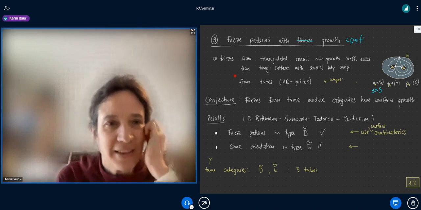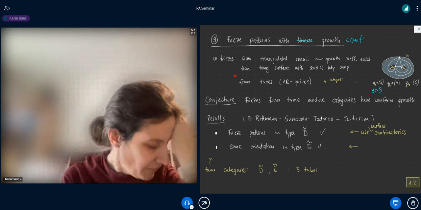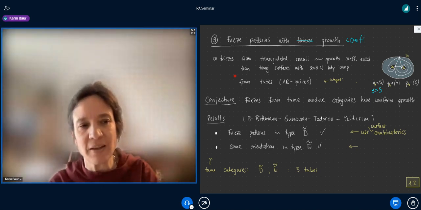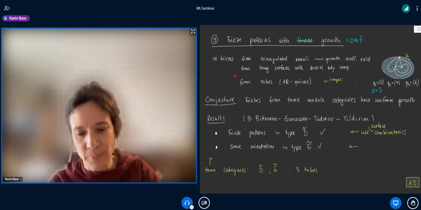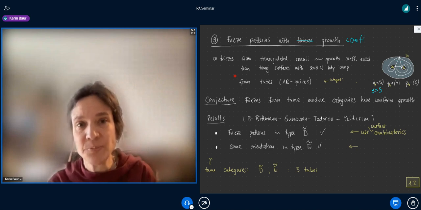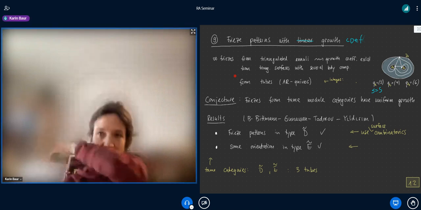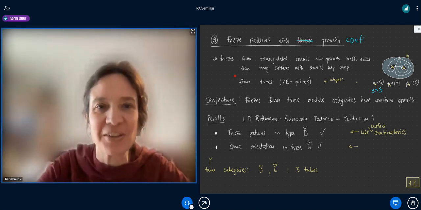And since I said, well, the pair of pants comes from a cycle with an unoriented cycle. I mean, like with an orientation which is not a full cycle.